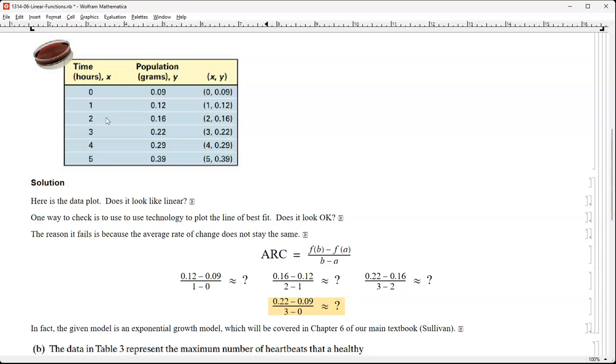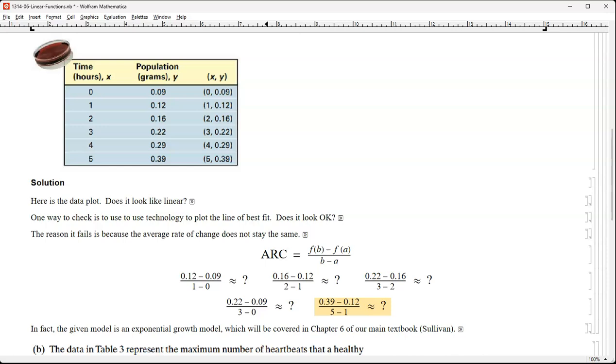You can go from 0 to 3 directly, or maybe 1 to 5, for example. So 1 to 5, the denominator becomes 5 minus 1, and then the numerator is 0.12 and 0.39. Yeah, you have various quantities here.